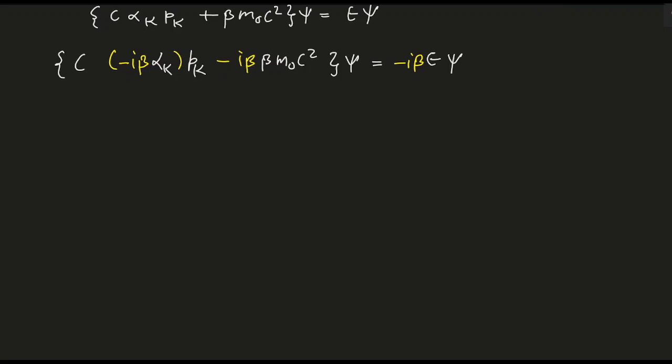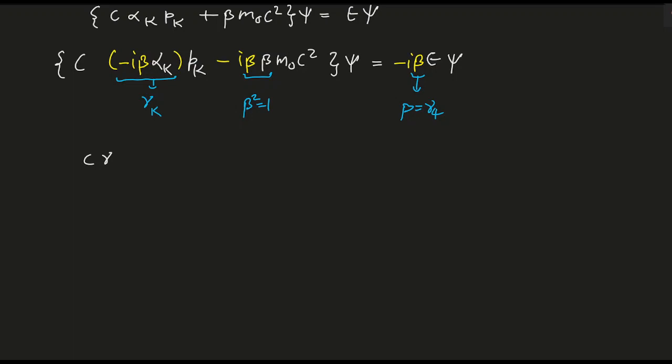Okay, so what's next? Just replace all these things with the respective values. This is nothing but gamma 4, beta square is equal to 1, and what else? This beta can be written as gamma 4. So after replacing these with these values, you will have c times gamma k pk. It is gamma k, it is not gamma 4, it is gamma k.